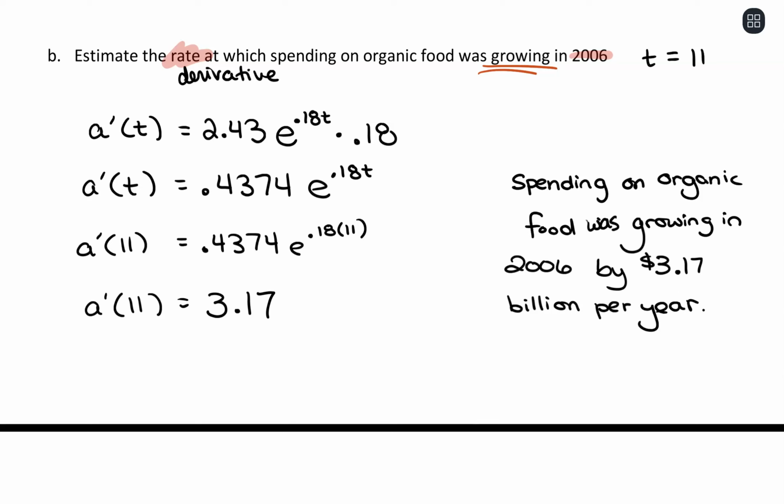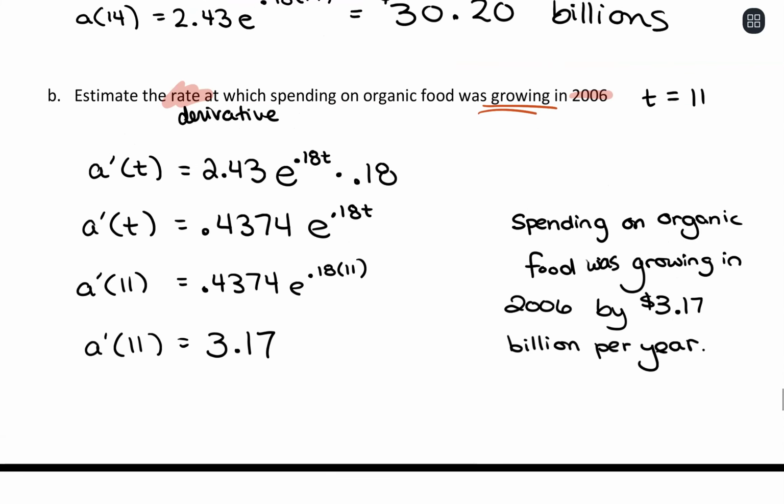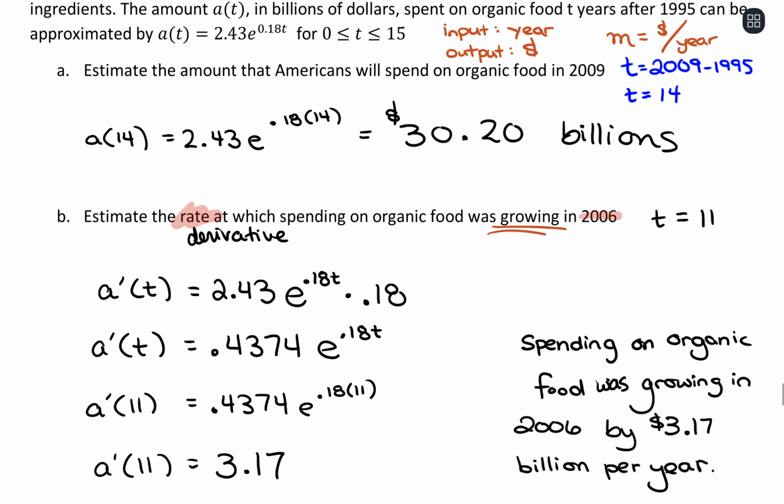So the value we're getting out is a rate, so we want to make sure our units show that. All right, that was a big one, but there were exponential functions, some chain rule practice, as well as a good word problem.